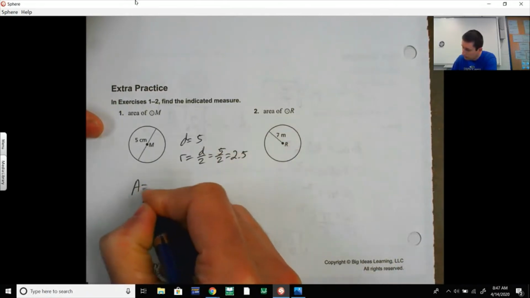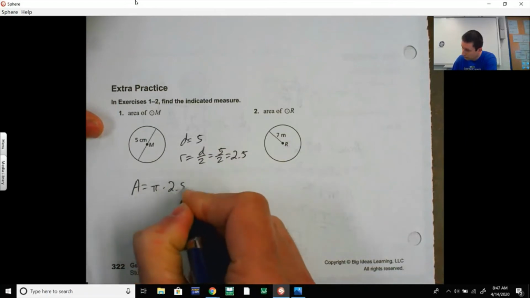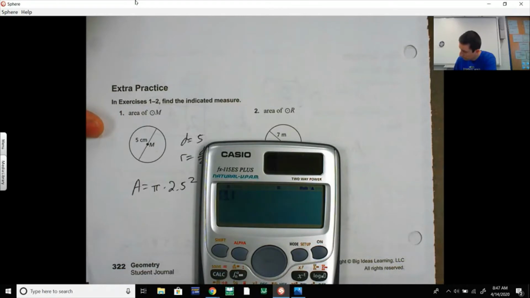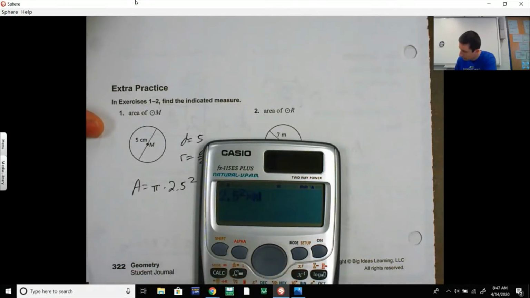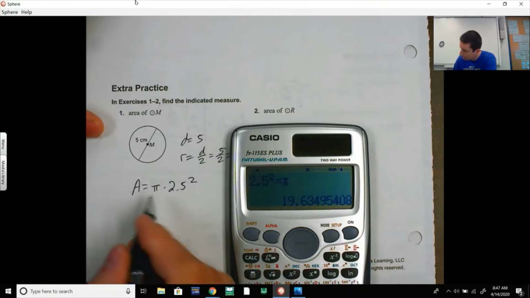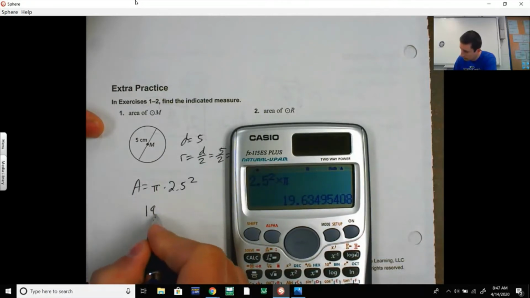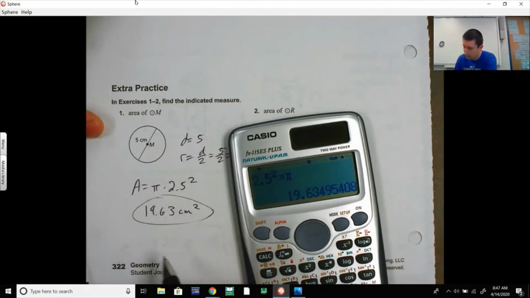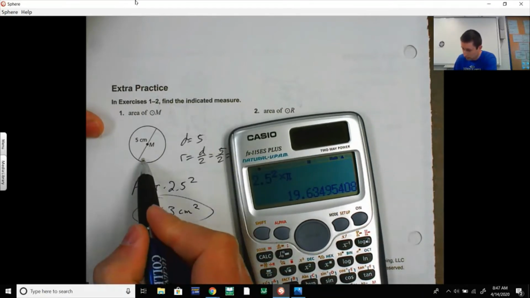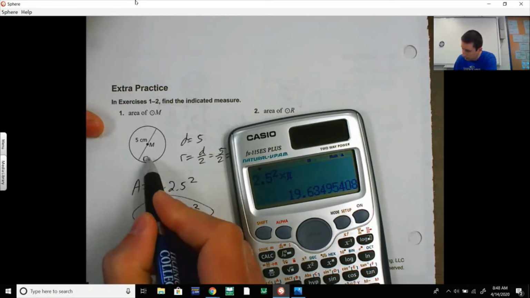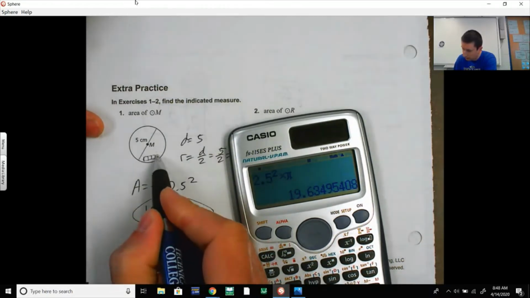So area equals pi times 2.5 squared, about 19.63 square centimeters. So if you had a bunch of 1 by 1 centimeter squares in here, you'd have between 19 and 20 of these little squares you could fit in here. That's what area stands for.